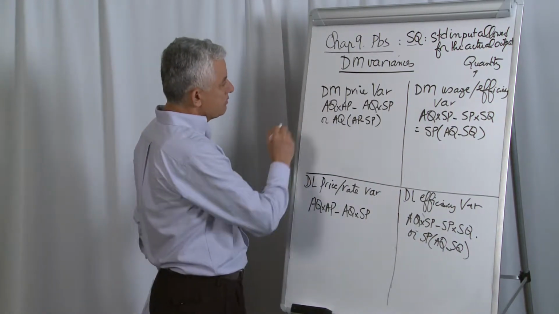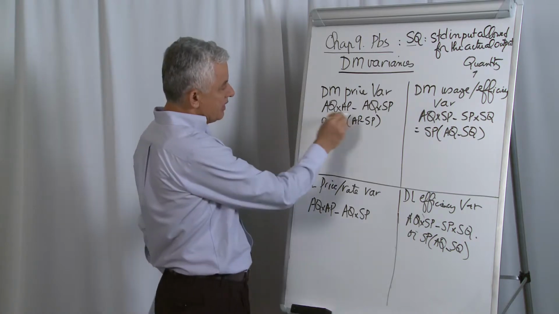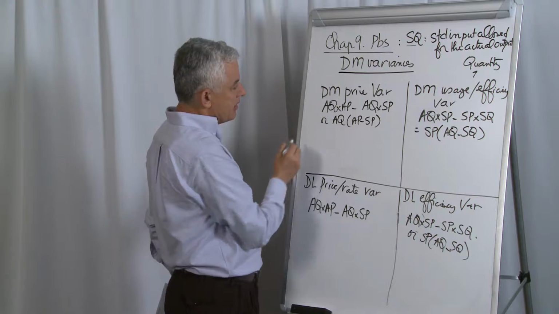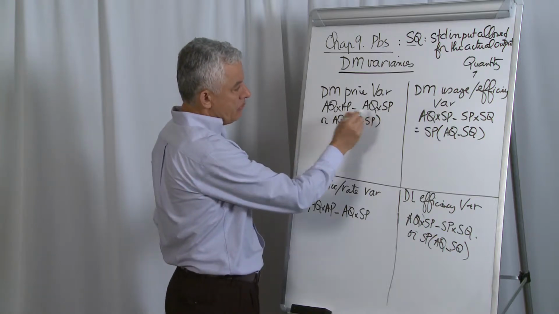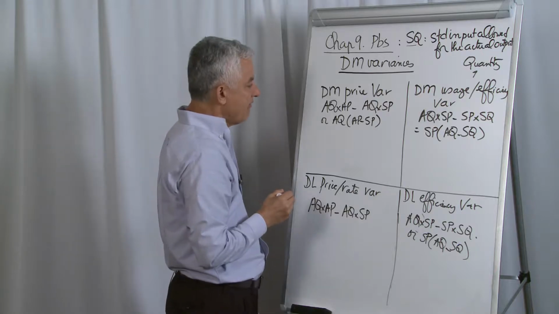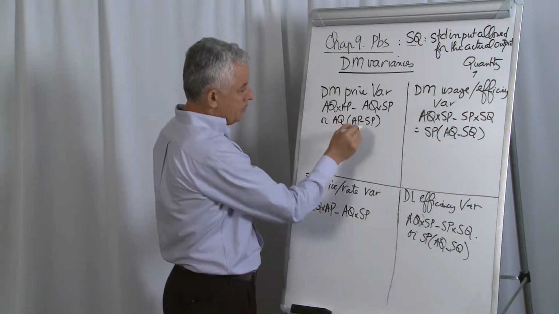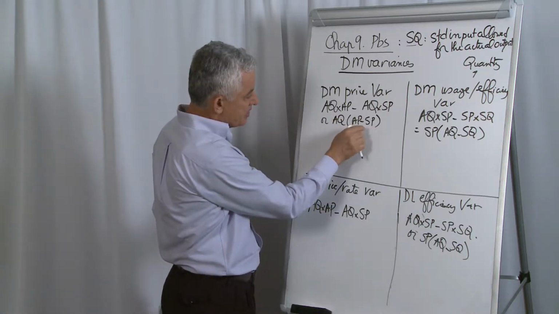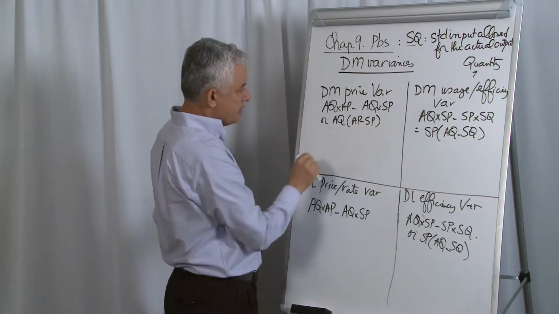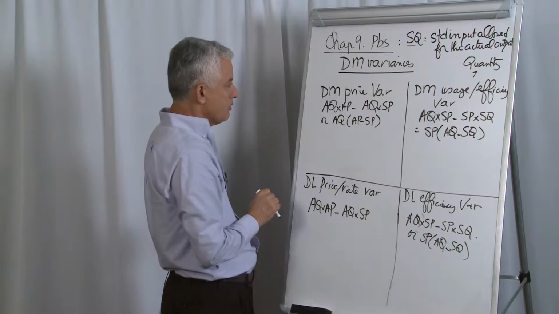So we have here direct material price variance. That's the formula. You have it in your slides. So it's either actual quantity times the actual price minus actual quantity times the standard price, or you can have actual quantity as a common factor, and then we focus on the difference between parentheses here, actual price minus standard price, okay?